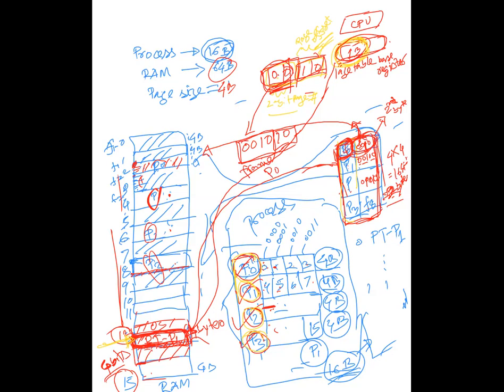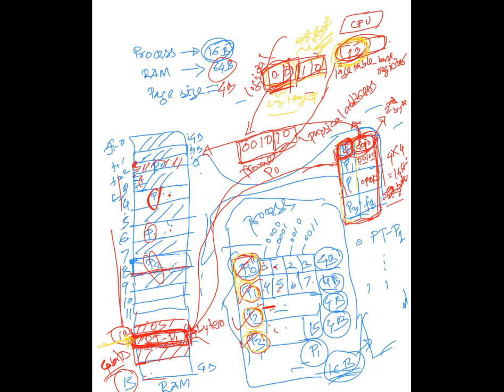So here, what you are doing is converting the logical address. Here it is the logical address, and from this logical address you replace the first 2 bits with the frame number. Now it is nothing but the physical address.